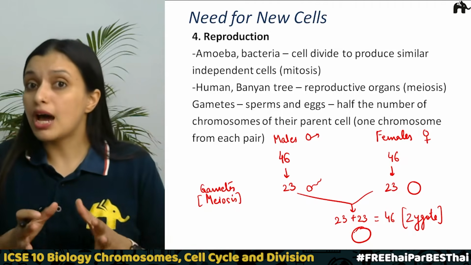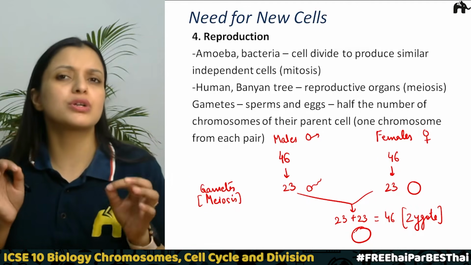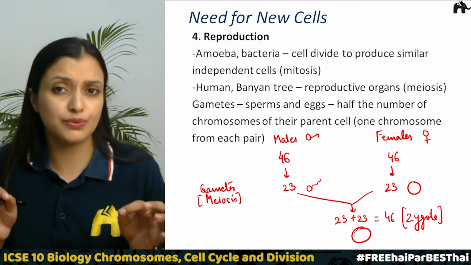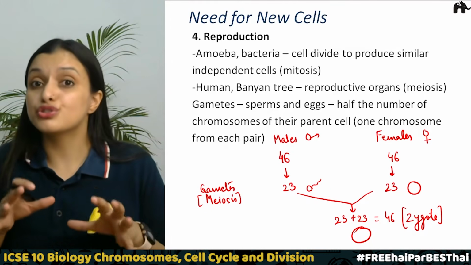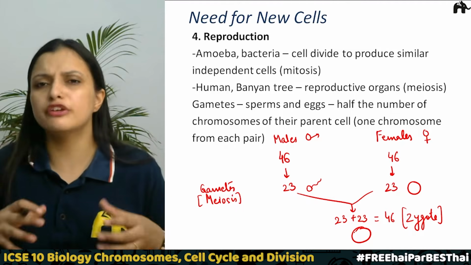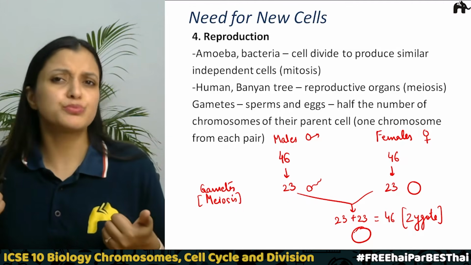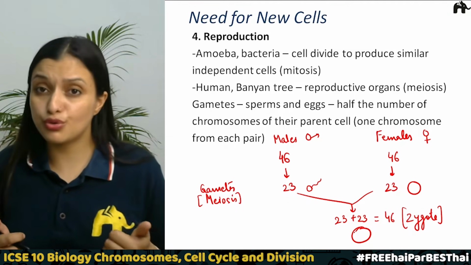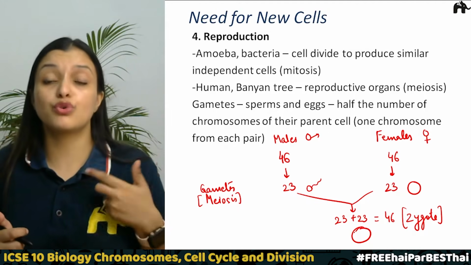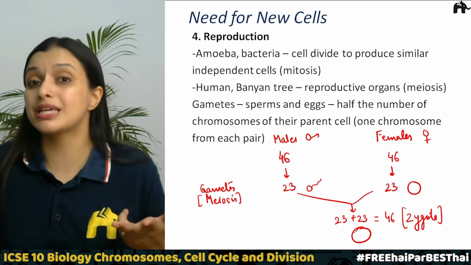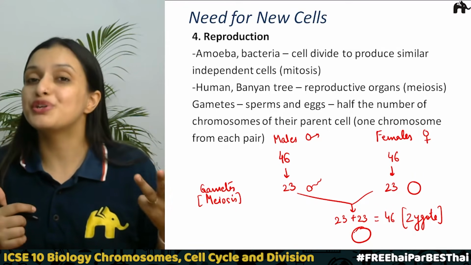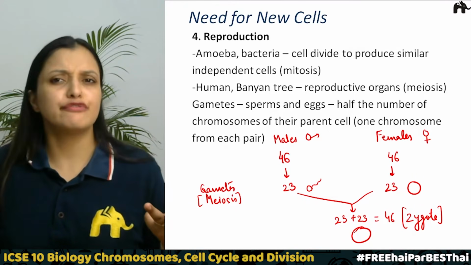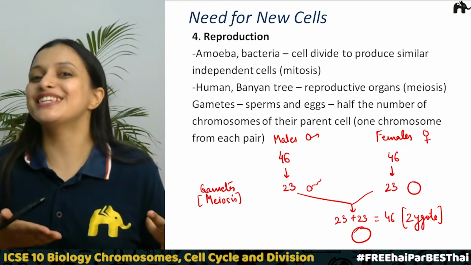Can you imagine how important is this cell division, and how important is the production of new cells in our body? If our body stops producing new cells, we won't be able to grow, we won't be able to repair our body, we won't be able to replace the damaged cells, and also we will not be able to reproduce, right? So life will not be possible without cell division.